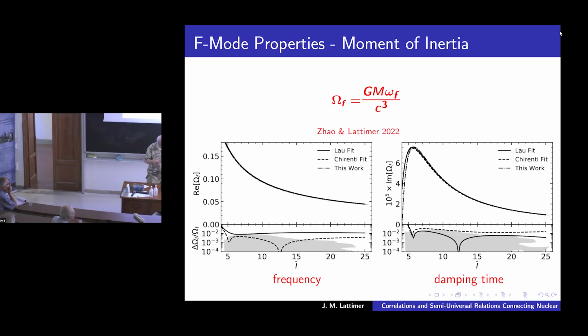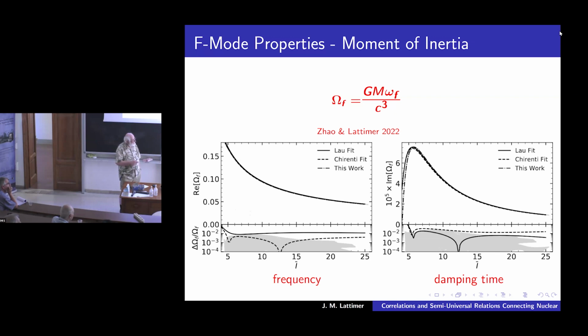You can also find a correlation if you look at the properties of F modes in neutron stars. For example, the real part of the F mode frequency corresponds to the actual vibrational frequency. And here's the reduced moment of inertia again. And again, you find a very strong correlation with uncertainties at the 1% or lower level.